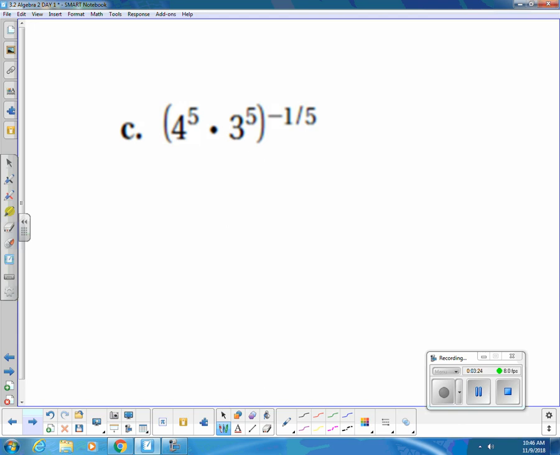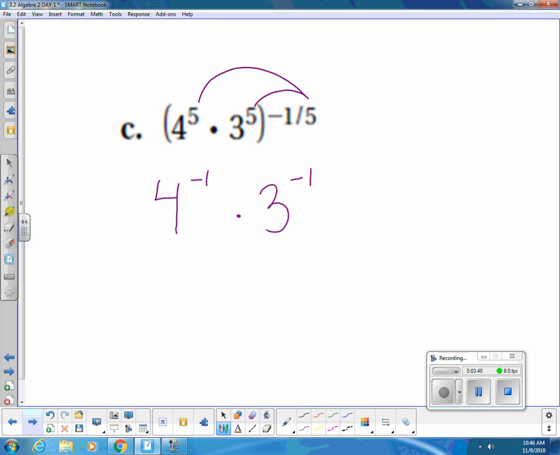But then I said, okay, maybe we'll wait and distribute it in. So I actually just chose to distribute it in first. What is 5 times negative 1/5? 5 times negative 1/5 would be a negative 1. And then 5 times negative 1/5 again would be a negative 1 again. So that just kind of cleaned it up a little bit, I thought. And now we can worry about flipping.